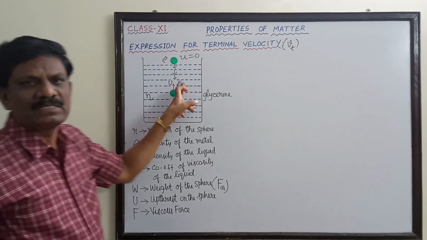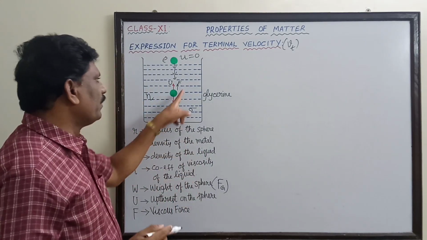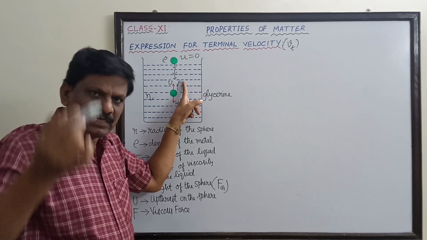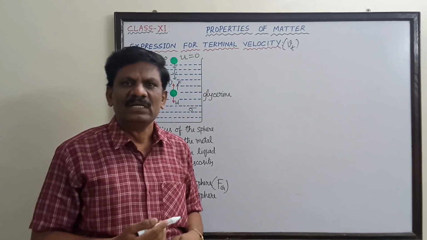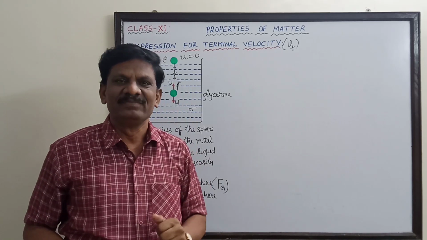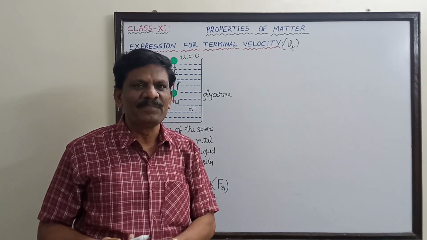The viscous force in this example is acting in the upward direction because the sphere is descending in the downward direction. This viscous force is an opposing force. If the direction of motion is downward, the viscous force will be upward. If the direction of motion is upward, the viscous force will be downward.